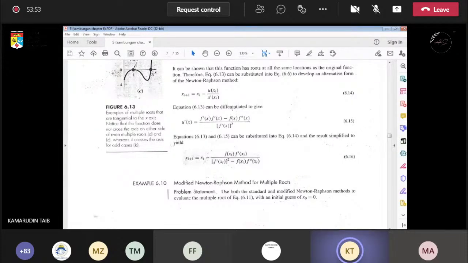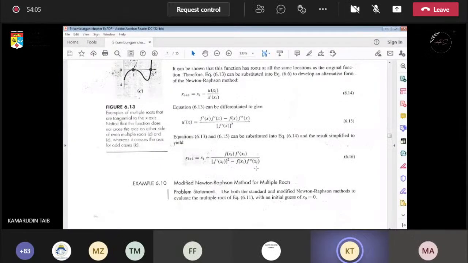So this is the equation for the Newton-Raphson equation for multiple root. Okay. So the difference from the previous Newton-Raphson is the function of f double prime. Okay.